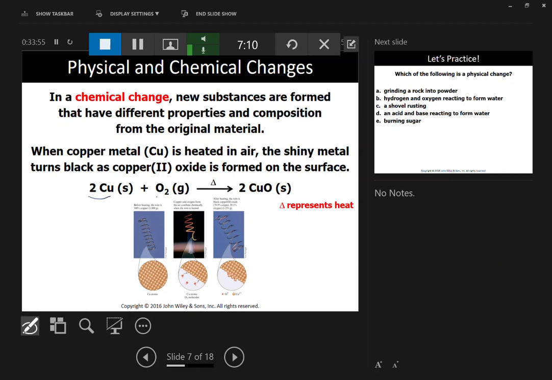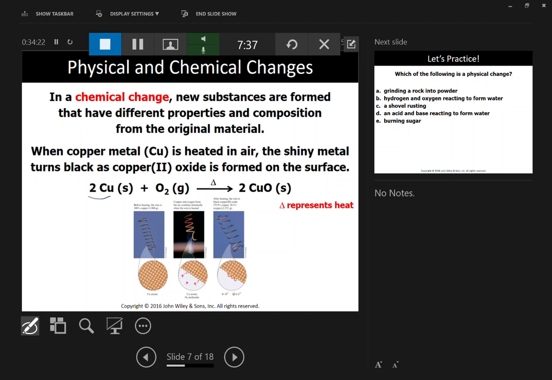When it reacts with oxygen, which is a clear colorless gas, it forms copper oxide. Now copper oxide, you can call it a rust. It's a metal oxide and it has a black color. Copper oxide is a different compound than copper and oxygen. The physical and chemical properties of copper oxide are totally different from copper metal and oxygen gas.